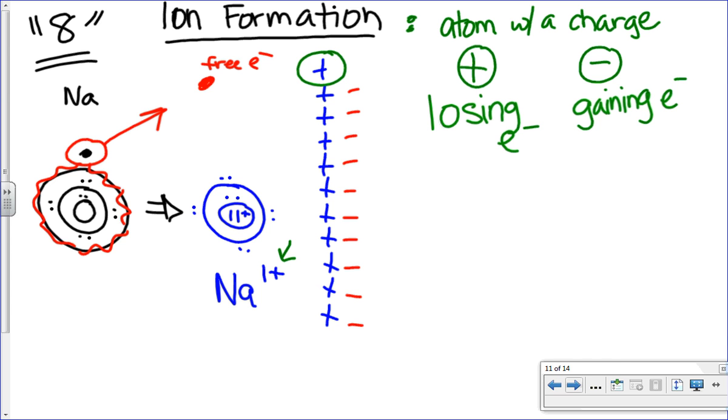In this instance, sodium loses an electron, which gives it a positive charge. Elements that become positively charged when they form an ion are called cations.